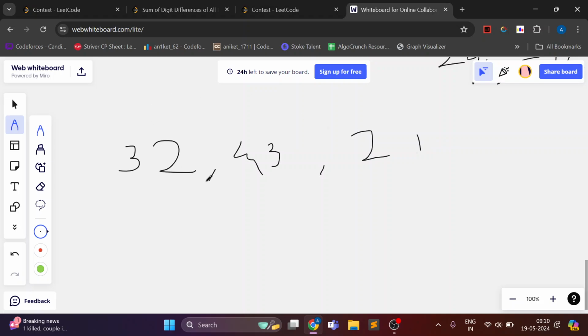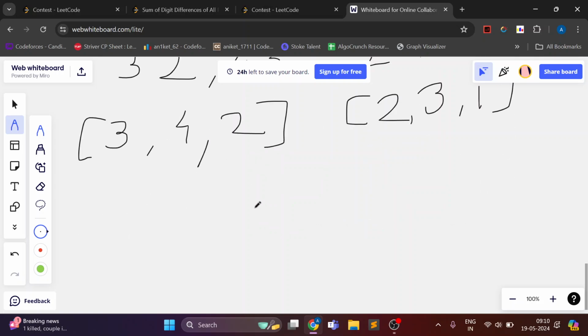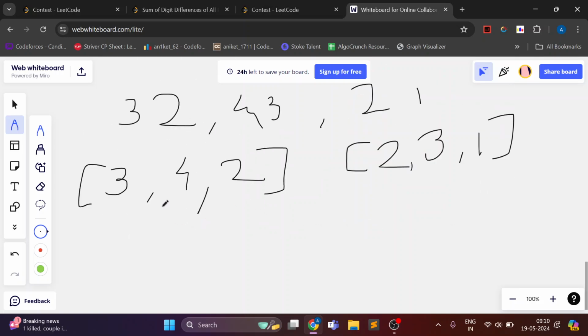In this case we can just separate them into single digits. So this is the 10th digit and this is the unit digit, and we can find the answer for each array, and take the sum of both the arrays.